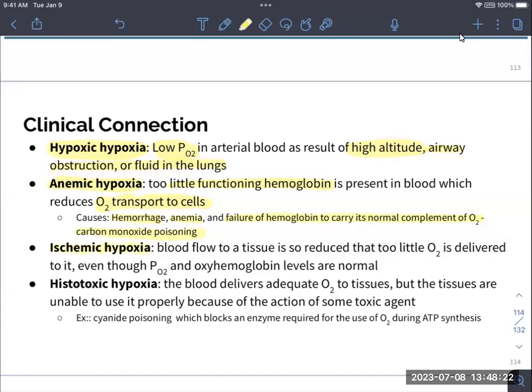Ischemic hypoxia. There's not enough blood flow to the tissues, and it is so little, even though the pressure of oxygen and oxyhemoglobin levels are normal. We're just not getting enough blood flow to these tissues in the first place. Histotoxic hypoxia.